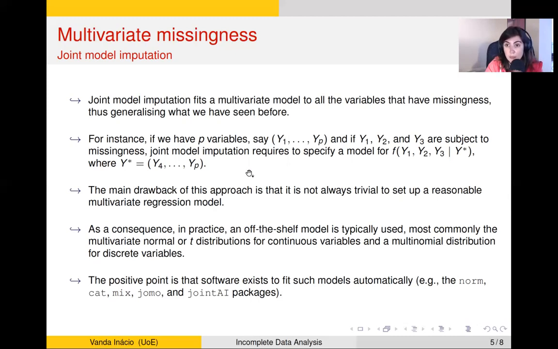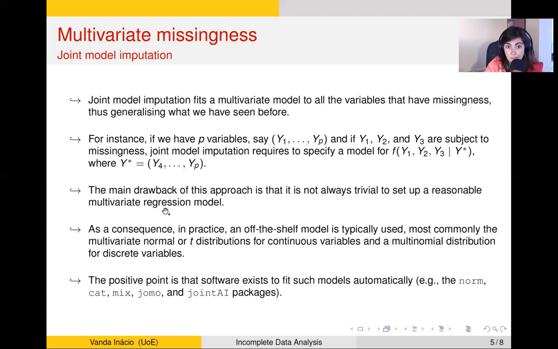Before, we specified a univariate regression model because we only had one variable with missing values. Here, under joint model imputation, I specify a multivariate model for the collection of variables that have missing values, and my covariates will be the fully observed variables.